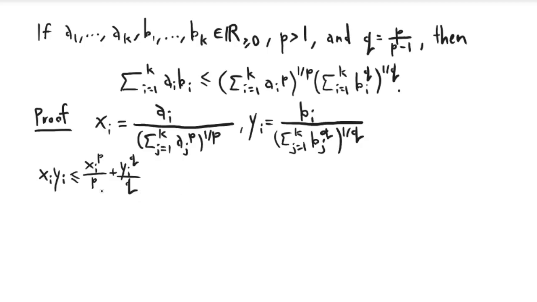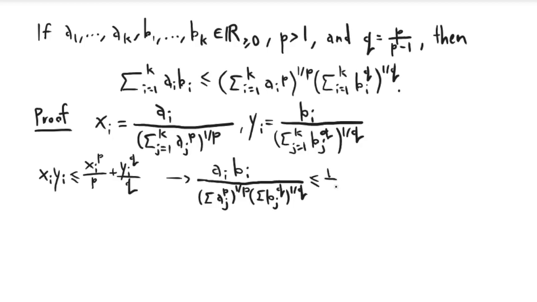Great. So another way to write this is a_i b_i divided by the sum of a_j to the p, to the 1 over p, times the sum of b_j to the q, to the 1 over q, is less than or equal to 1 over p times a_i to the p, and then just this sum.